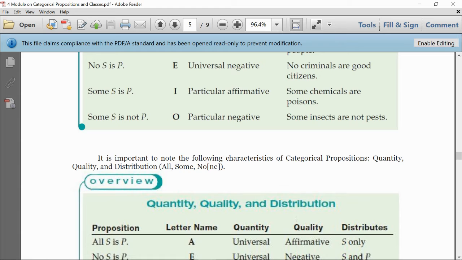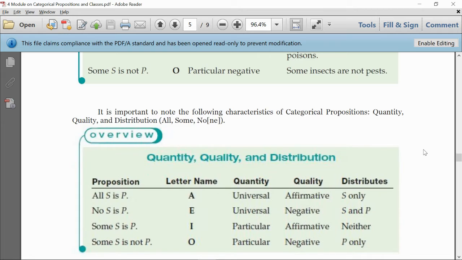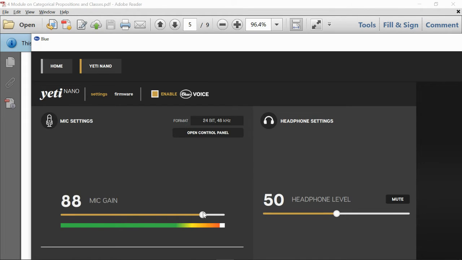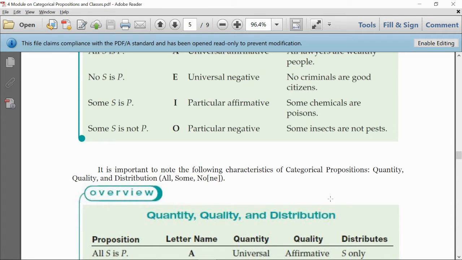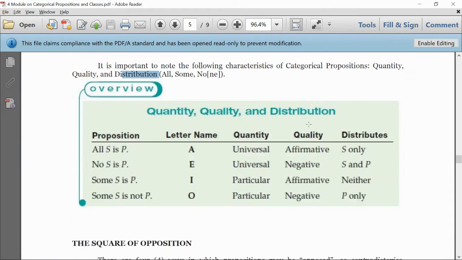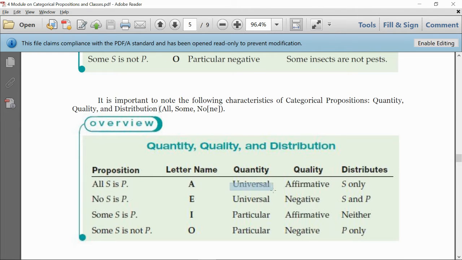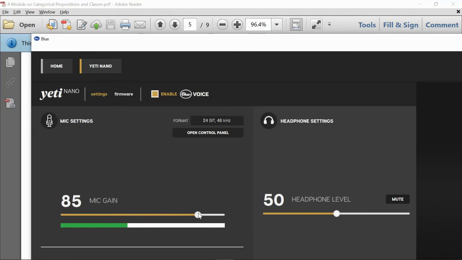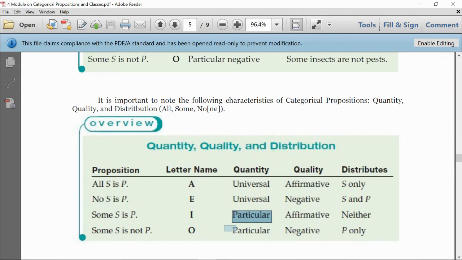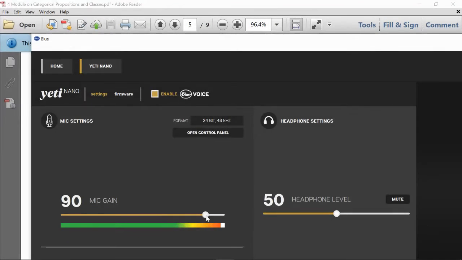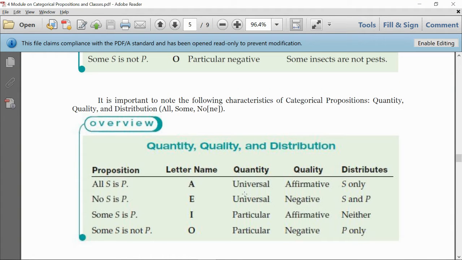So it is important to note the following characteristics of categorical propositions, aside from knowing the categorical propositions. We have quantity, quality, and distribution. Quantity means whether it is universal or particular. The propositions A and E, which are universal affirmative and universal negative propositions, have the quantity of universal.